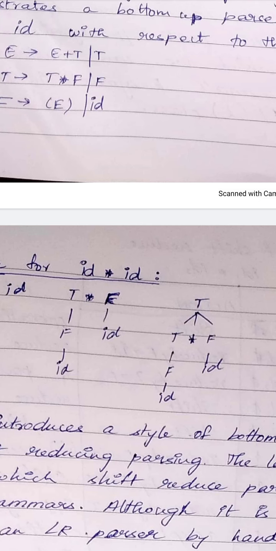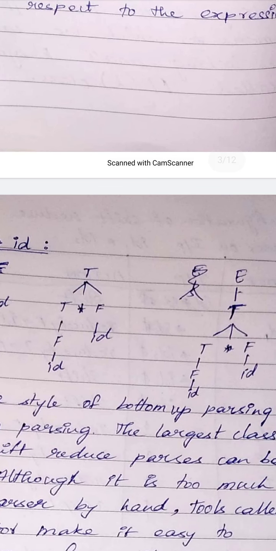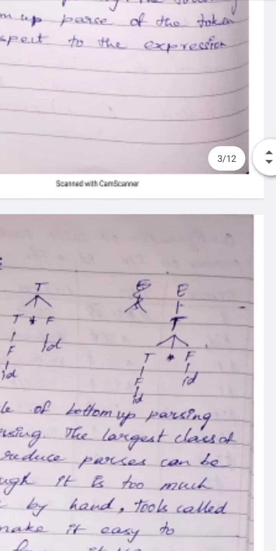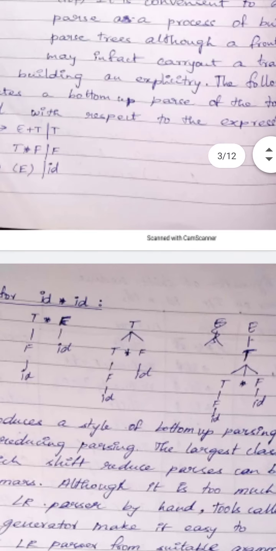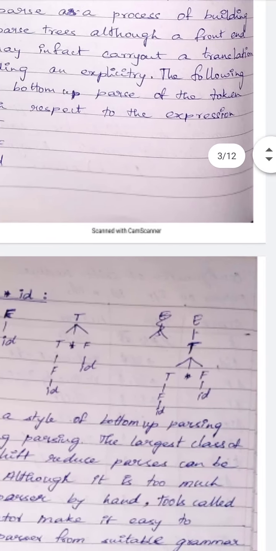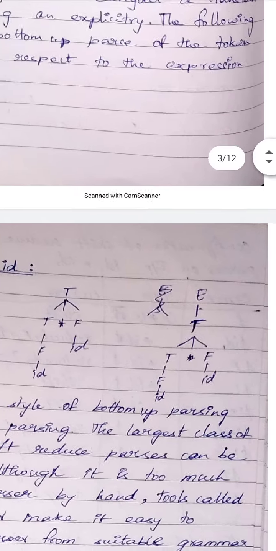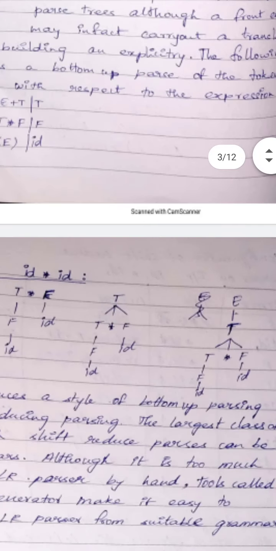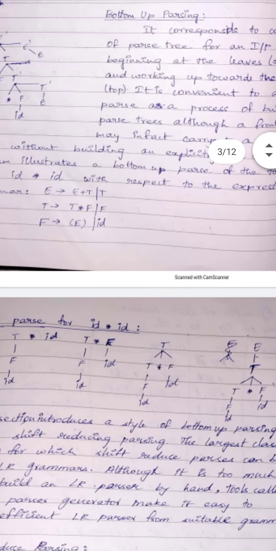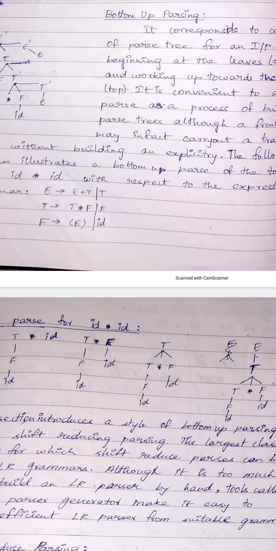The capital T is a non-terminal, and further the capital T will be reduced to capital E. The capital E is the start symbol, so we end with capital E. We start from leaves and move towards the root node, and we call this technique bottom up parsing.